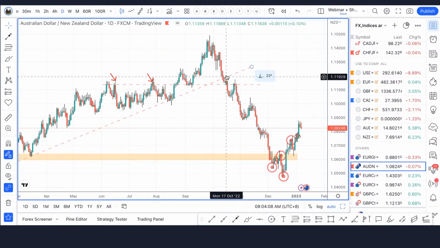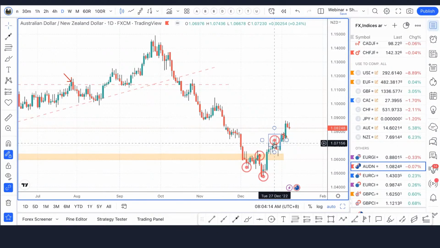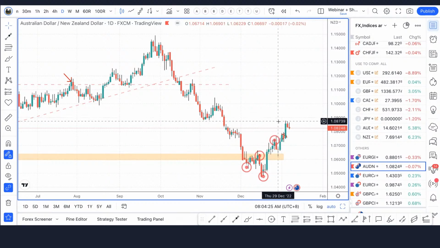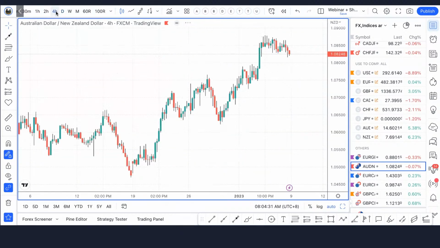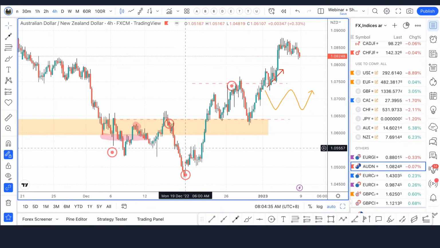Okay, so going back to the Aussie dollar New Zealand, we do see that it has made lower highs for quite a long time, but like I mentioned the other day, you do see there's a significant change in the direction or the sentiment of this pair. Basically, there's a change from the downtrend to the uptrend, and you can see it on this dot there.